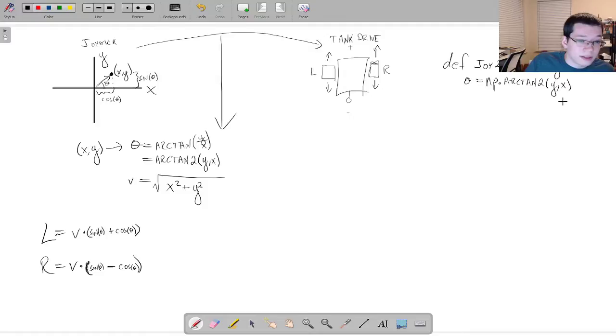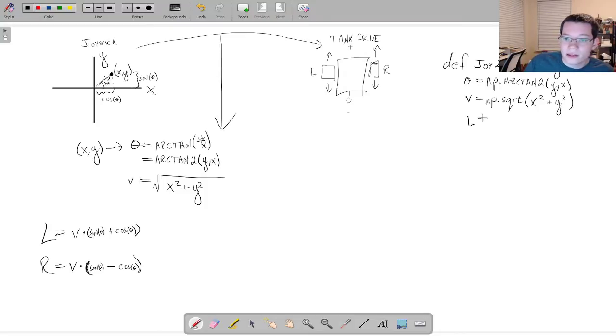Is that correct? Yes. And v equals np dot sqrt of x squared plus y squared.